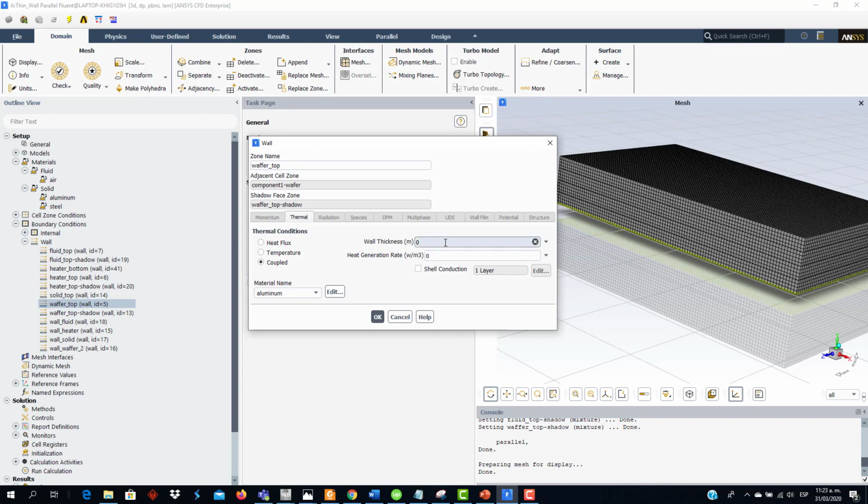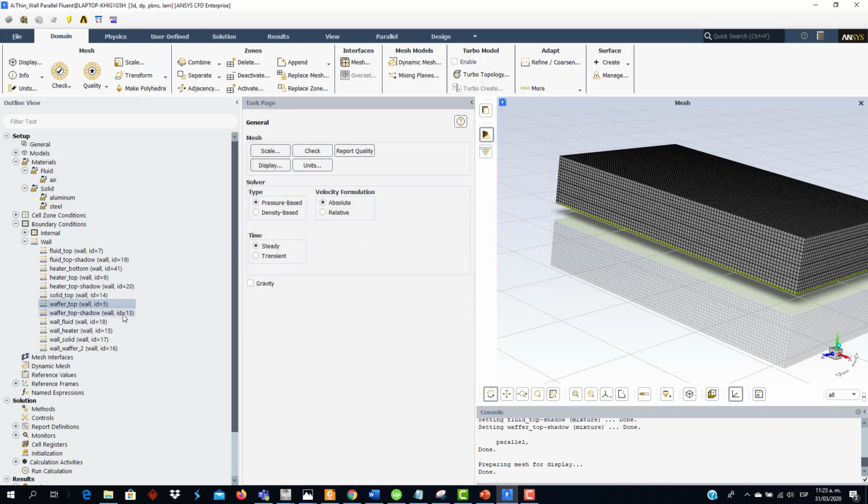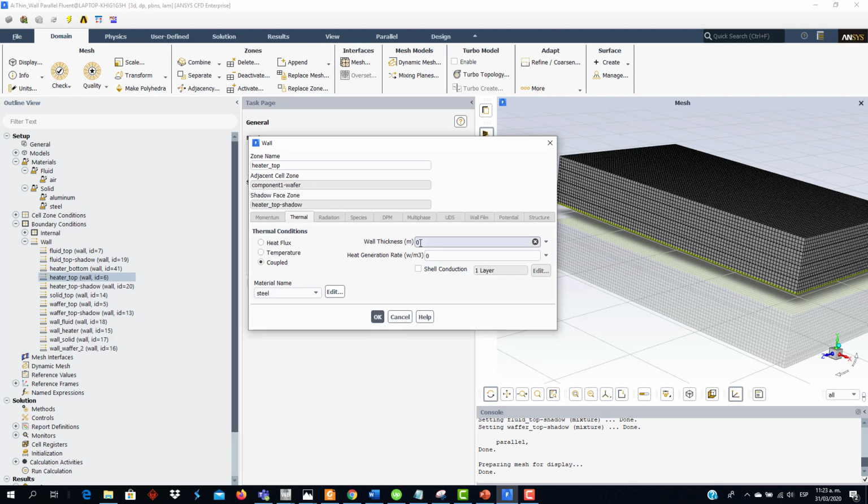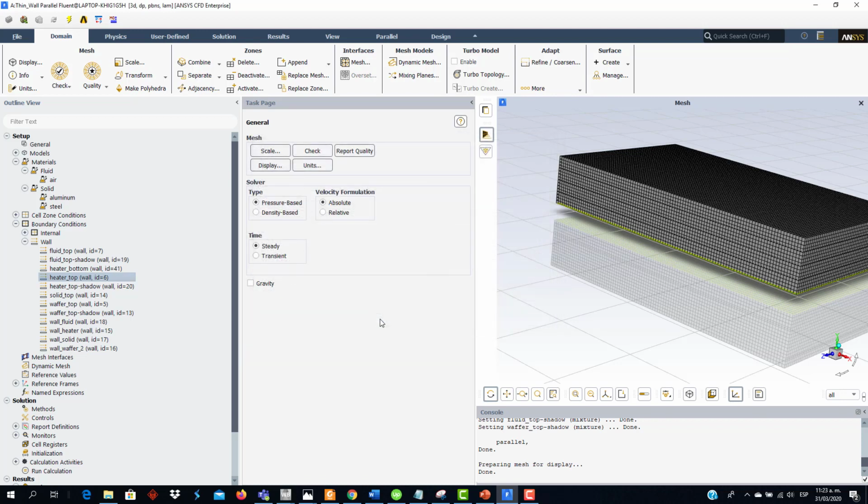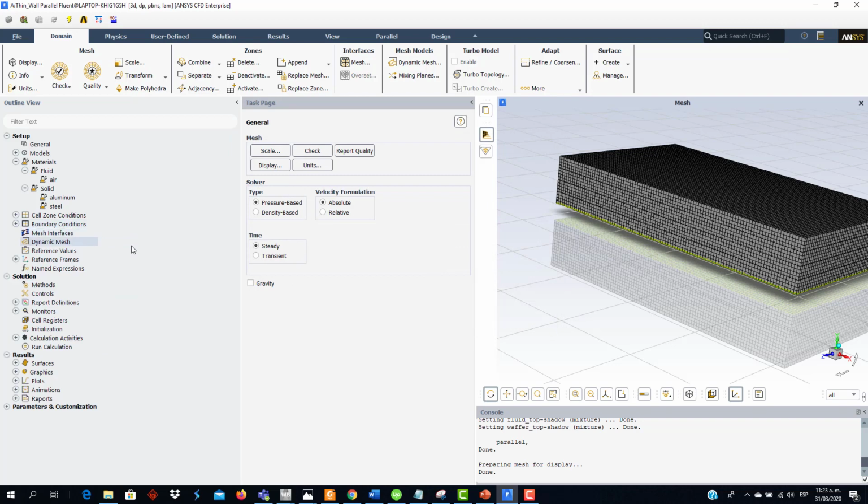If we leave this value as 0, as it already is, the thin wall model is not enabled, is not working. Then let's see how this process will be resolved in Fluent and how the temperature profile is going to be solved. Let's run this simulation and see what happens.